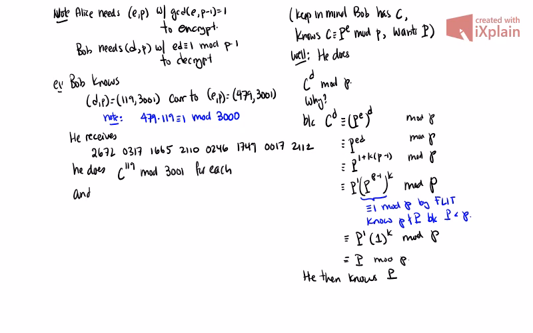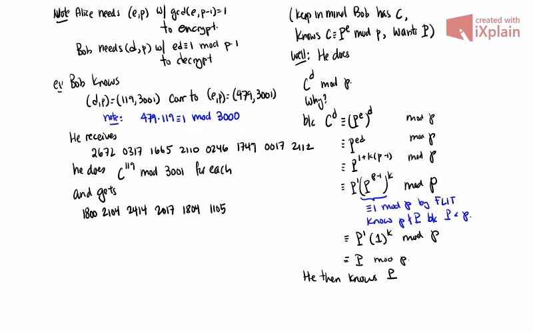I'll just tell you what the output is. He gets 1800, and he gets 2104, and he gets 2414, and he gets 2017. Now these should correspond to strings of letters. So if you ever do this and you get something like 26 as one of those, then you made a mistake.